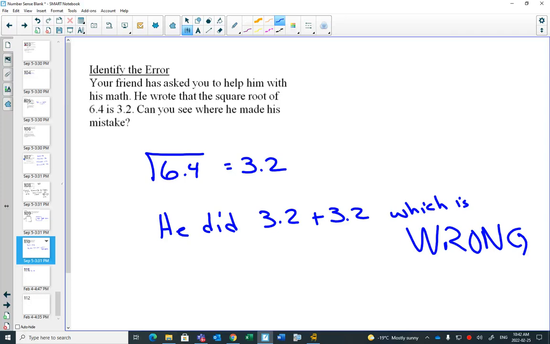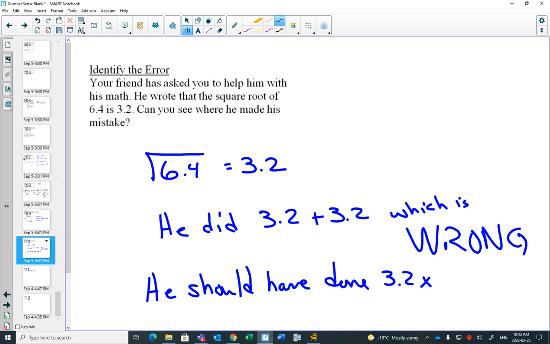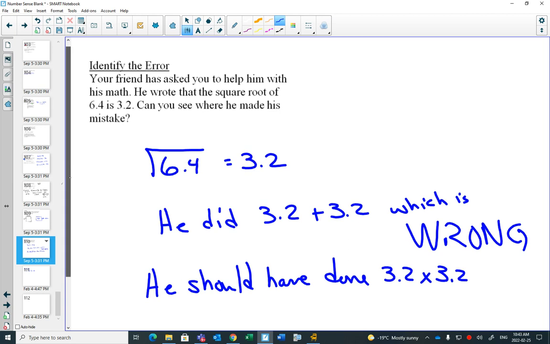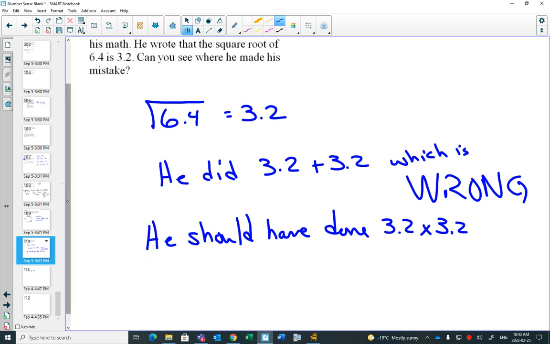Anyways, he should have done 3.2 times 3.2. And then you would find out, boy, that's 3.2 times 3.2.